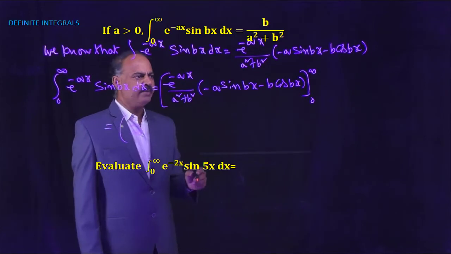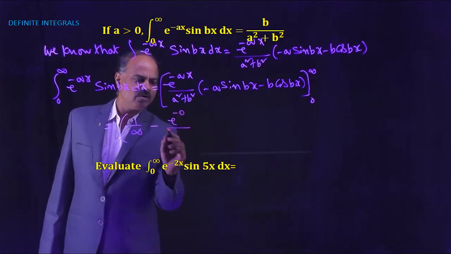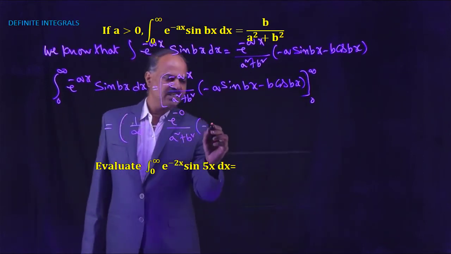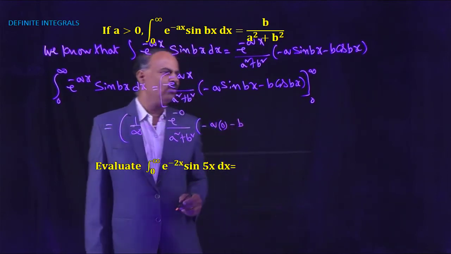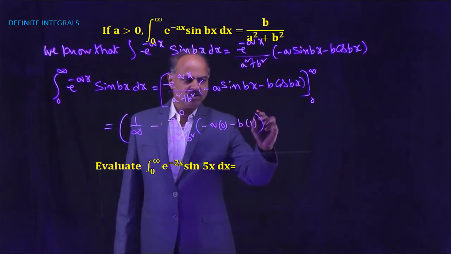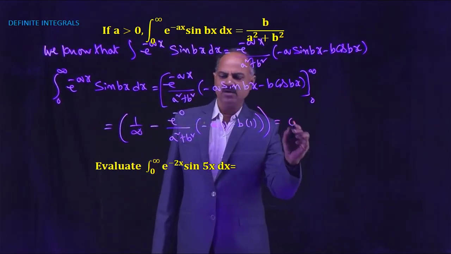Substitute the lower limit in place of x: minus e power minus 0 by a square plus b square into minus a into sin 0, sin 0 is 0, minus b into cos 0, which is 1. Now 1 by infinity is 0, so that equals 0.